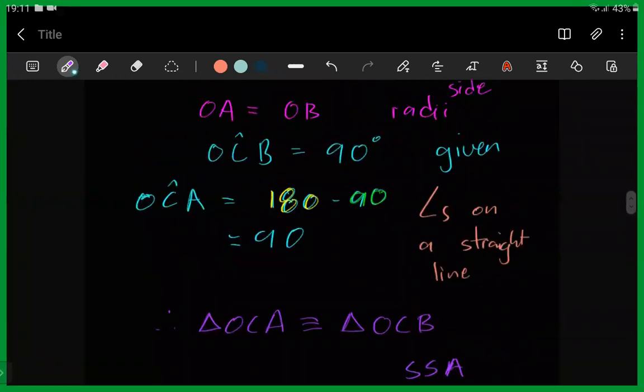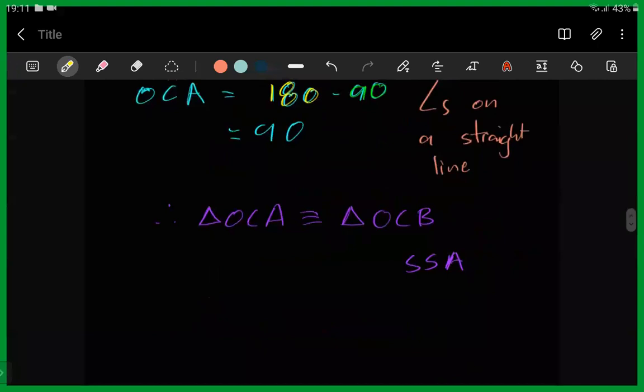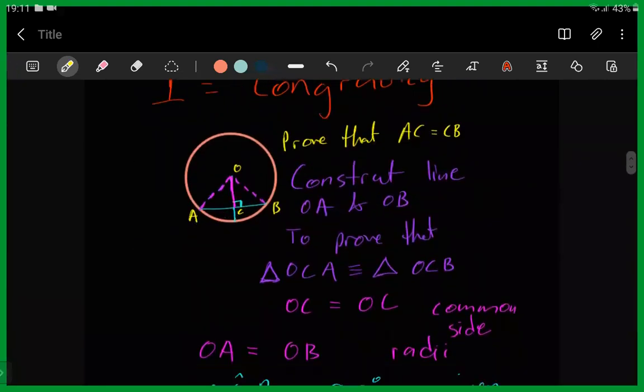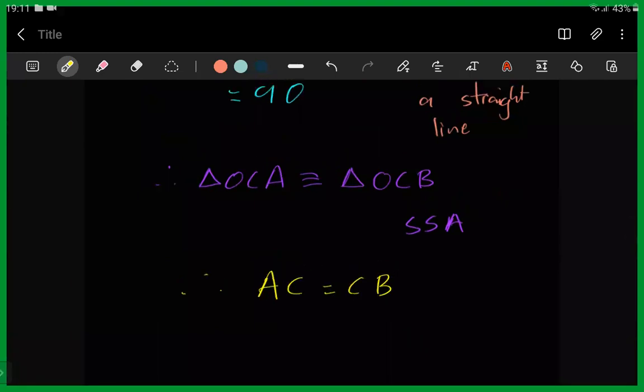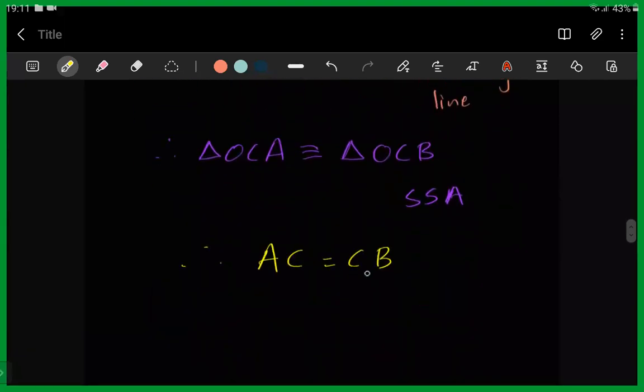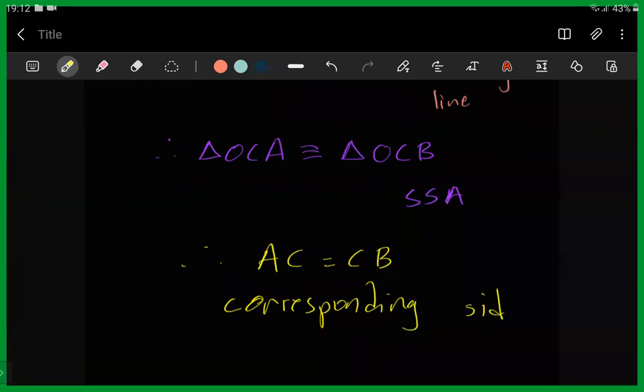So because of this statement right now, you can go on and say that, therefore, AC is equal to CB. You see? Now, for this statement, you can just say it like this, but to add a bit more oomph, you can just say corresponding sides of congruent triangles.